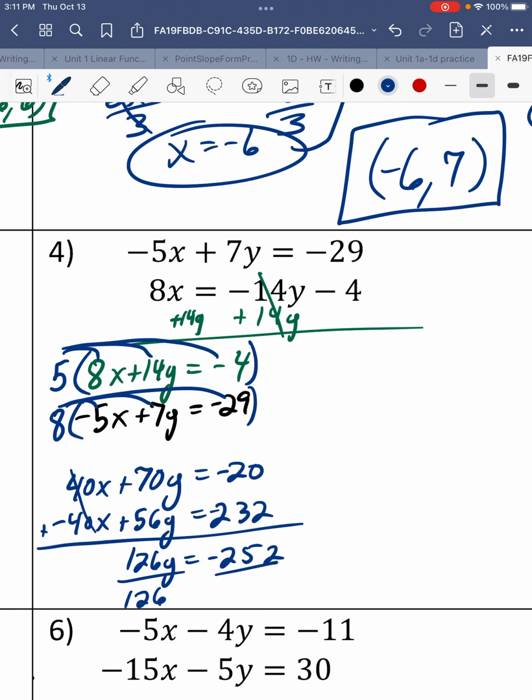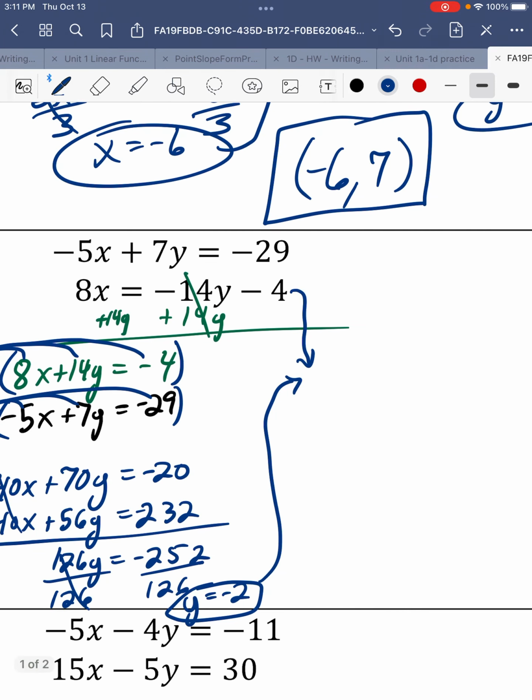Divide by 126. The y value is going to be negative 2. Okay. There's my y value. I need to substitute that back into one of the original equations. I'm going to choose the bottom equation just because the x is almost solved for.